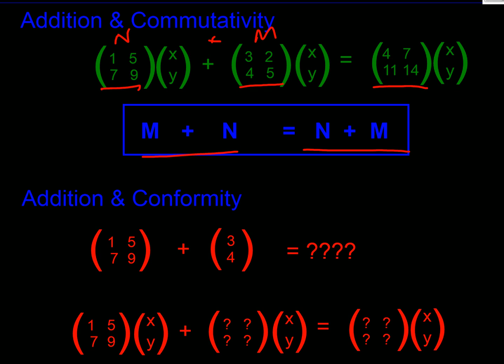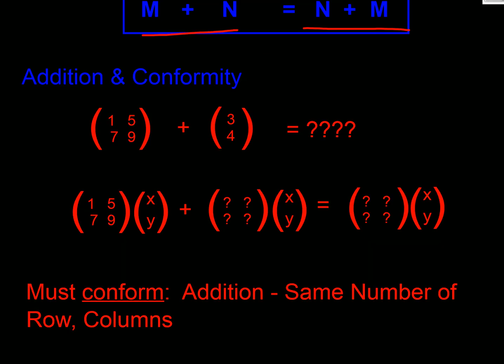Now let's have a think about what we have to be able to add matrices. Well, we've looked above at two 2 by 2 matrices, haven't we? So if I take that matrix and this matrix here and I put them in a normal sort of starting position with an xy vector, then we know that that's, from what we did earlier, going to become a 2 by 2.